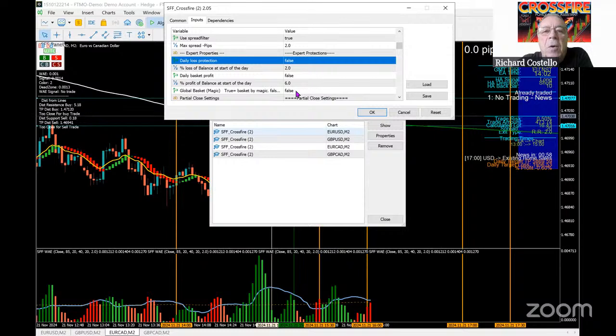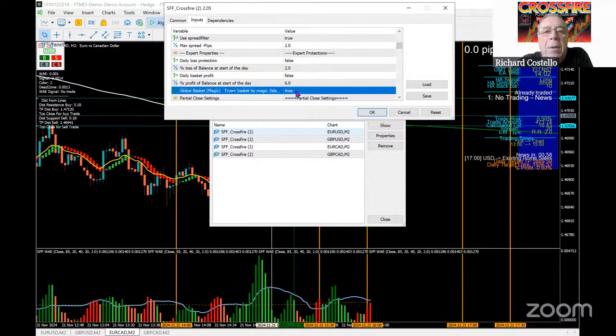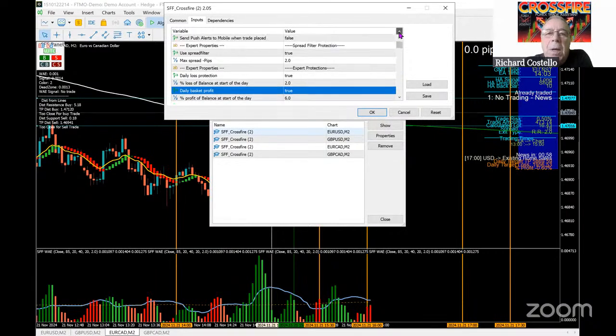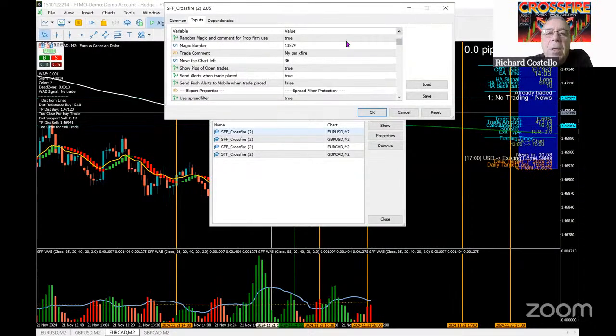I've had to turn off this. I would normally have this global basket. What that is, you need those all on true, so that it considers the 4 pairs, and if these 4 pairs have all got the same magic number, just going back to that magic number, there's my magic number.